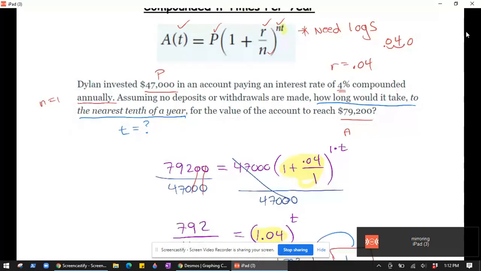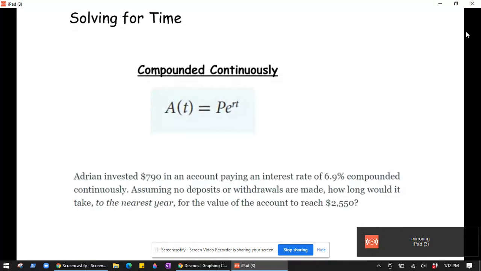Let's try another example. And this one will involve our compounding continuously problem. Okay, so it says Adrian invested $790 in an account, paying an interest rate of 6.9% compounded continuously. So we note the 790 is my present value or the principal.